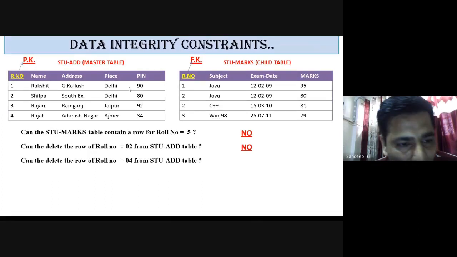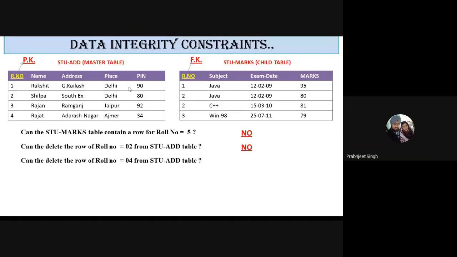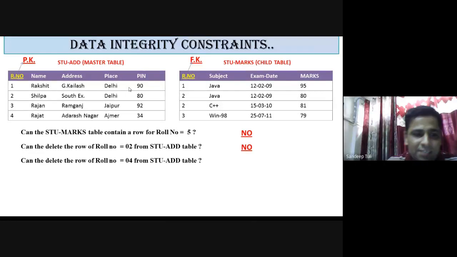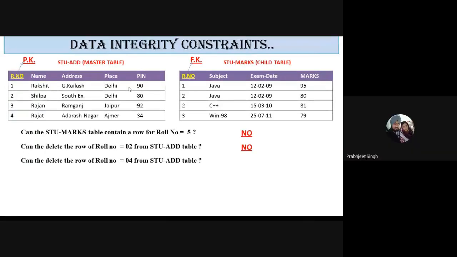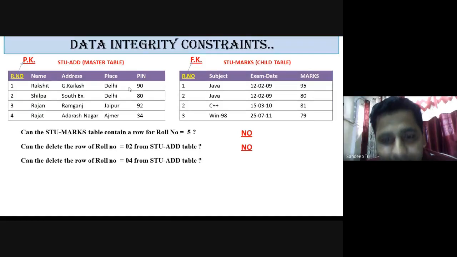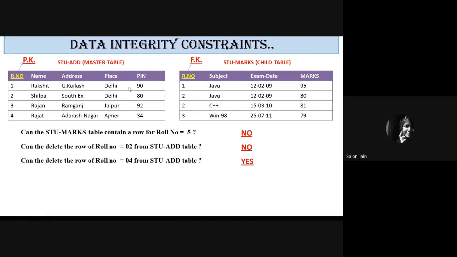Now the next question is, can we delete the row of roll number 4 from the student address master table? Yes, because it has no related entries in the child table. It is not in the foreign key. So this is what referential integrity is about.